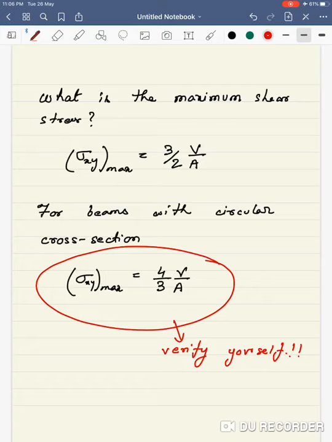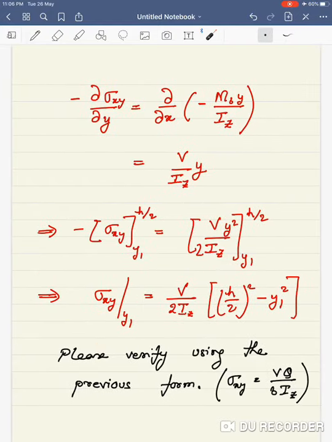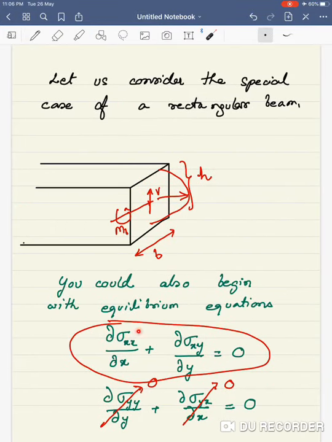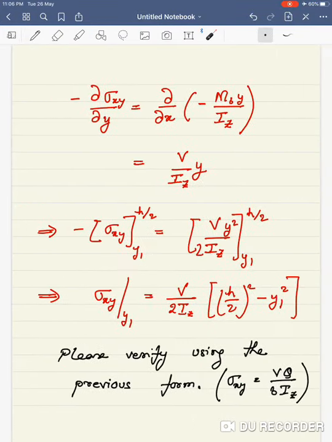Okay, so we have discussed quite a bit of beams now. The one thing that before I end this particular lecture that I'd like to mention, and that is we made a very important assumption here where we replaced this sigma xx by this form.